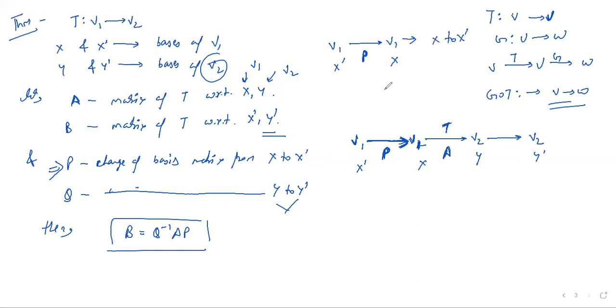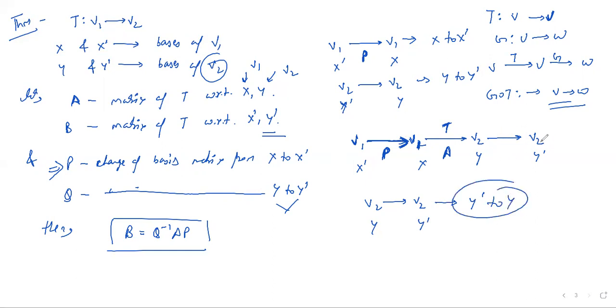If I have to write the mapping for the change of basis matrix for y to y dash, that will be V2 to V2, and the mapping from y dash to y.